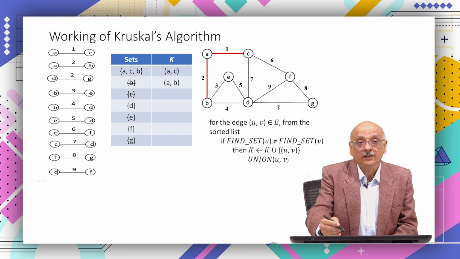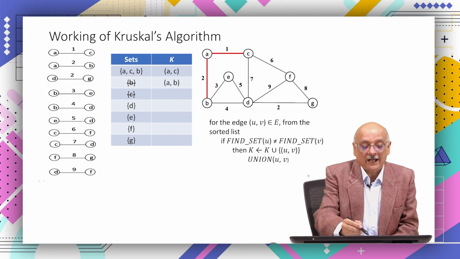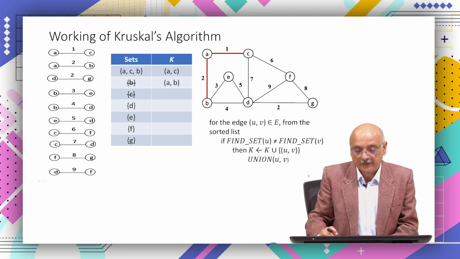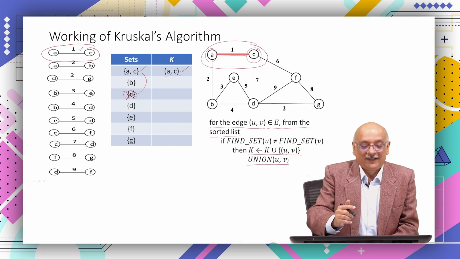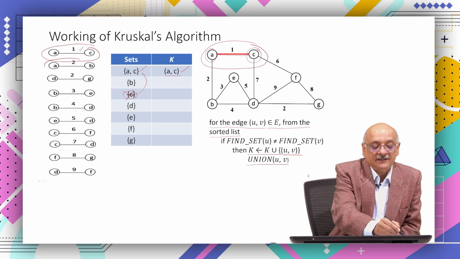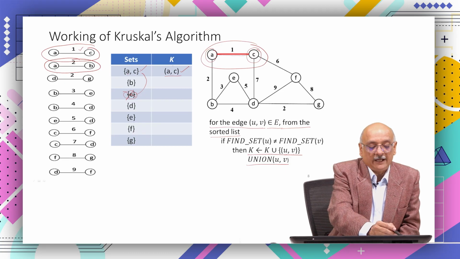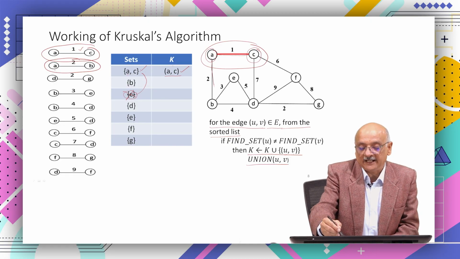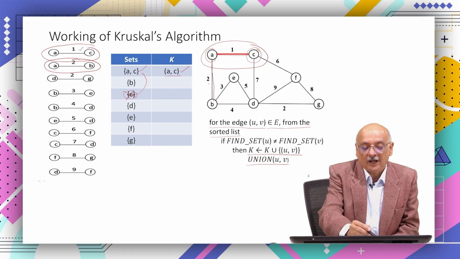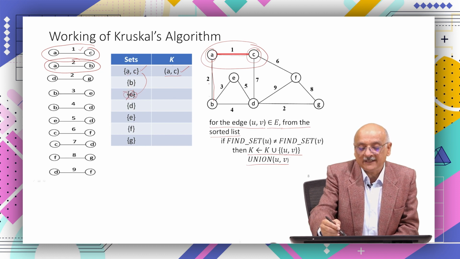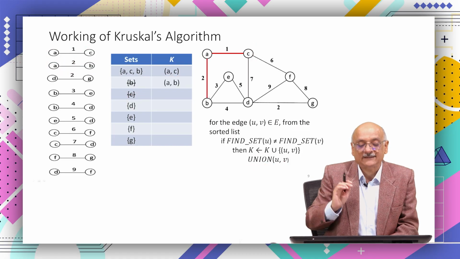Then we move to the next. We go slightly back, and what we see here is the next one is A to B. This is the edge which has a weight of 2. So what do we check? A is part of AC. B is a separate set, right? So now AB is the right candidate to be selected.